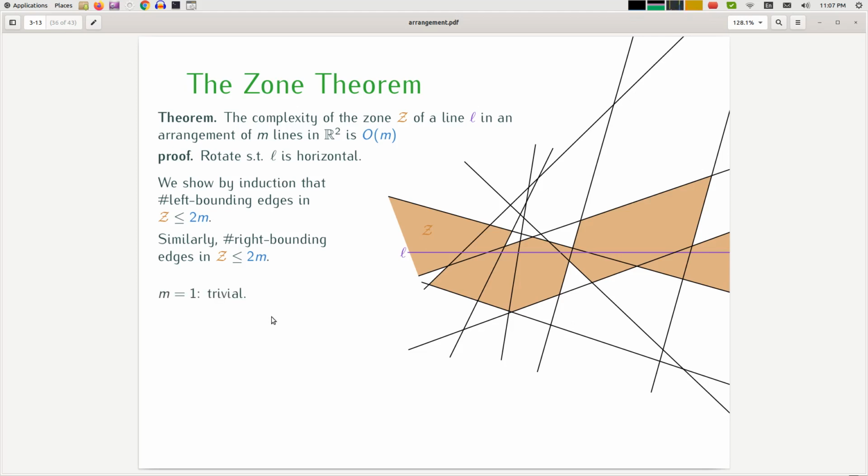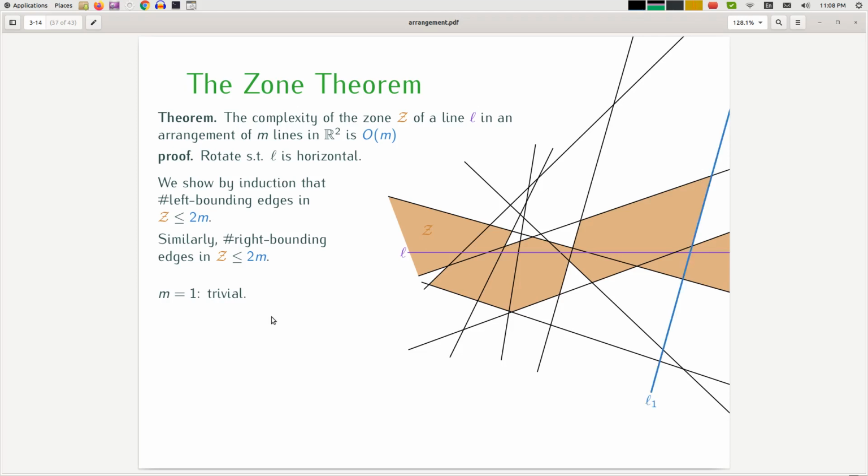In other words, I'm going to take out one line, and by the induction hypothesis I will have 2 times (m minus 1) left bounding edges. Then I add the line back, and I show that this only increases the number of left bounding edges by 2, so therefore I can prove that the number of left bounding edges is at most 2 times m.